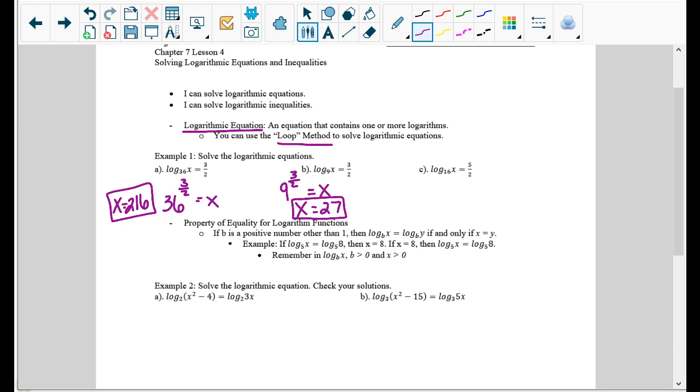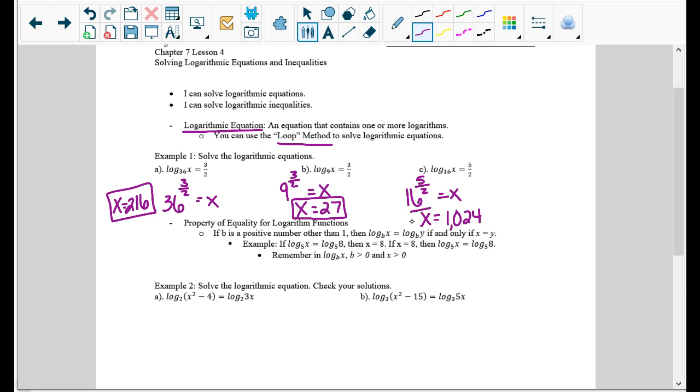And the last one here, base is 16, exponent 5/2. If I plug that in my calculator, or you can think about it, square root of 16 is 4, 4 to the 5th power is going to be a big number. x equals 1024.